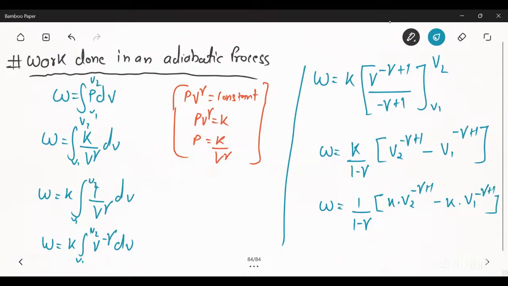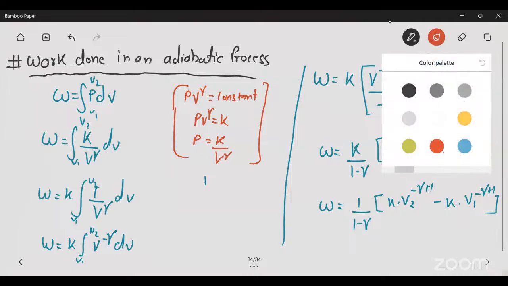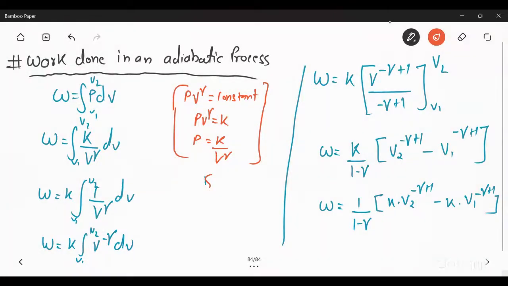The value of K: PV gamma equal to constant. So K is equal to P1 V1 gamma, or K is equal to P2 V2 gamma. P1 V1 gamma is equal to P2 V2 gamma is equal to K, because it is a constant.